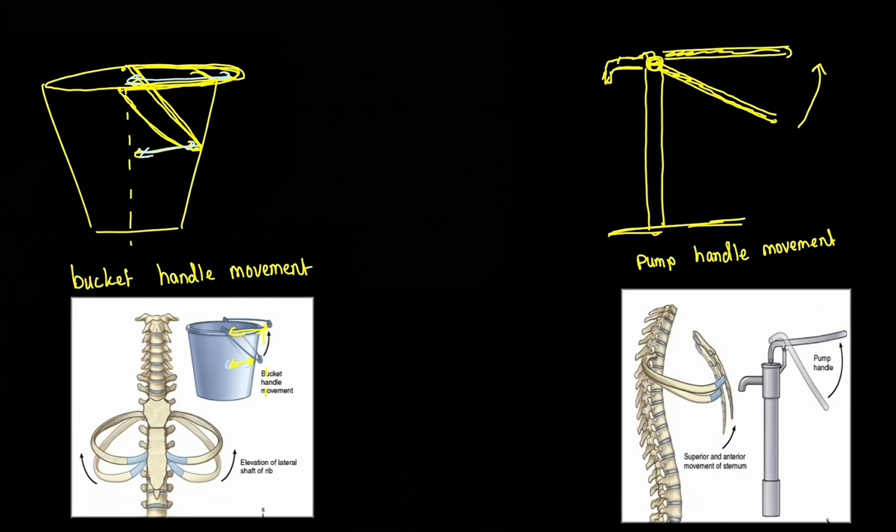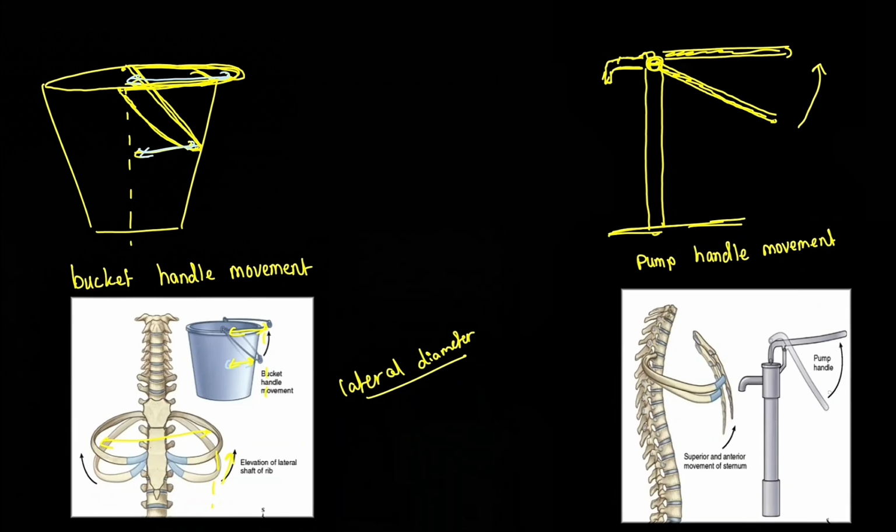Okay, so the same thing happens here. When you lift it up, the diameter increases. But in the pump handle movement, the lateral diameter increases here, so this is called the lateral diameter. And during pump handle movement, the sternum gets elevated.